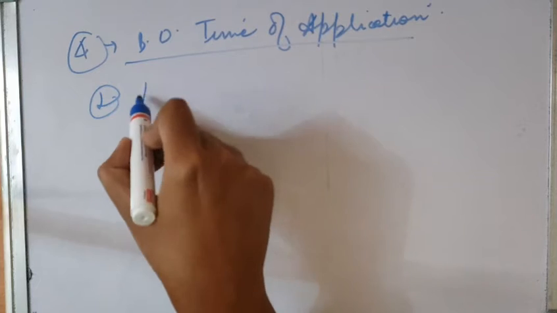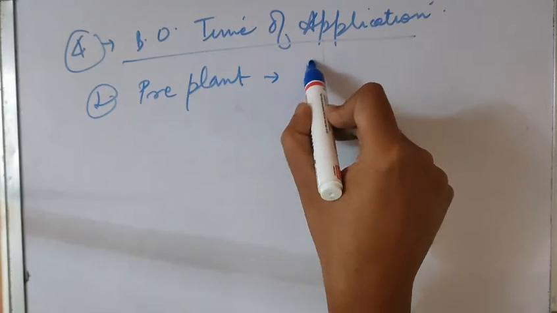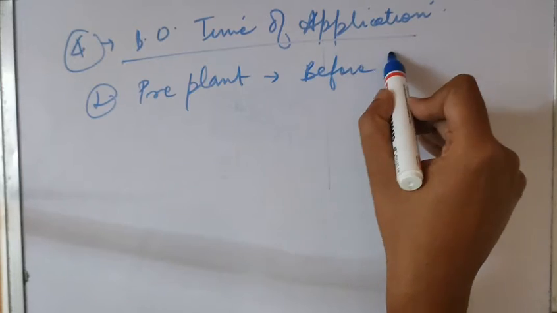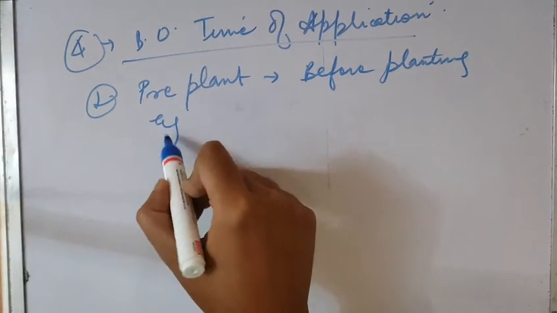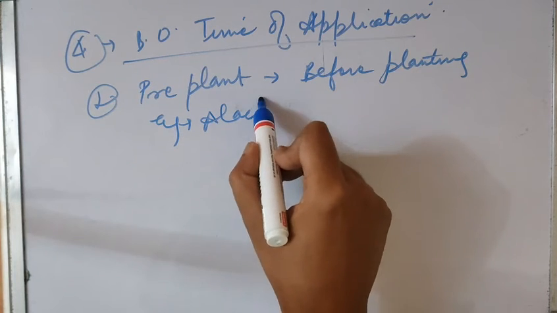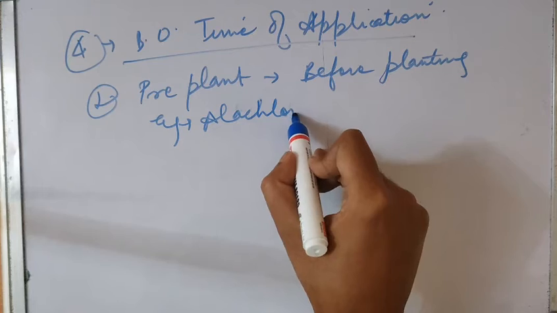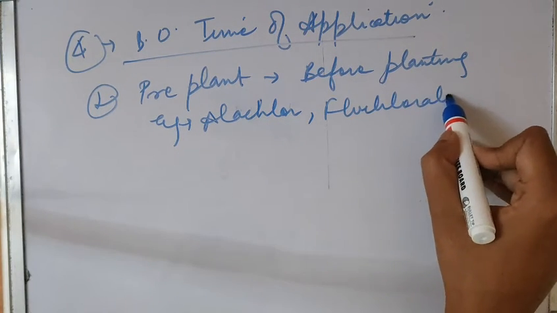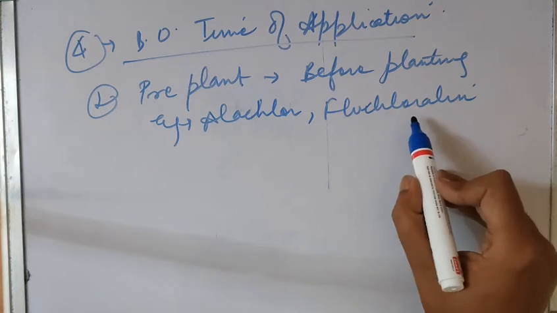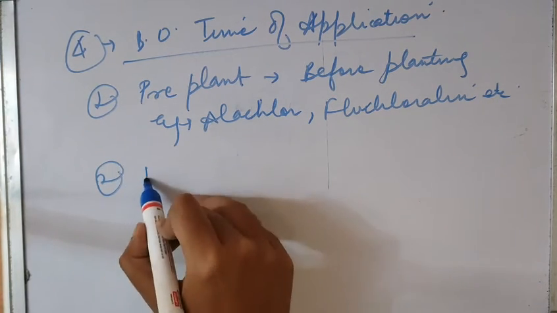Number one, we have the pre-plant stage, that is before planting. Some common examples are alachlor and fluchloralin, etc.